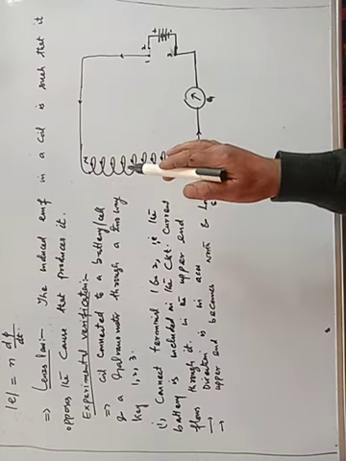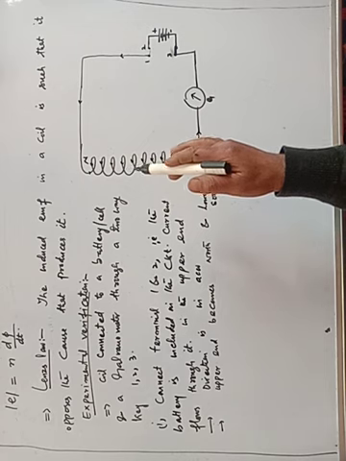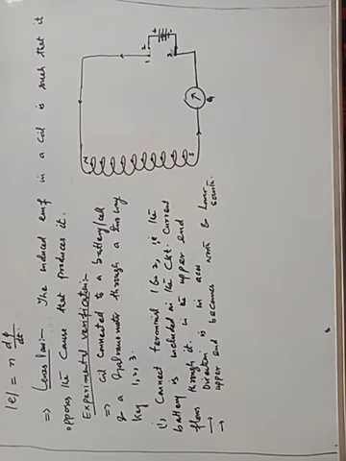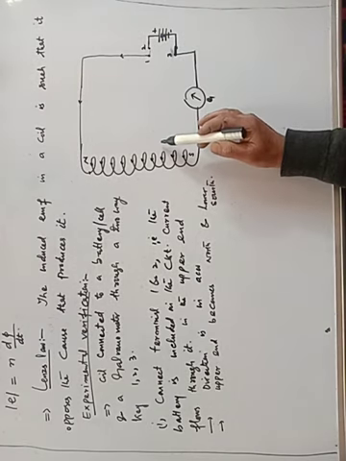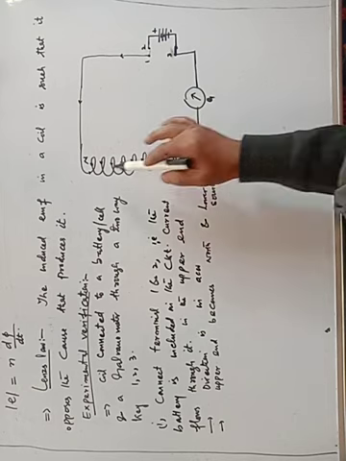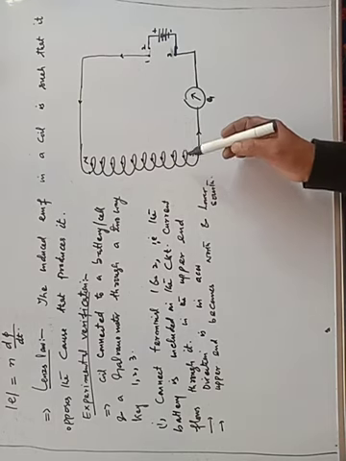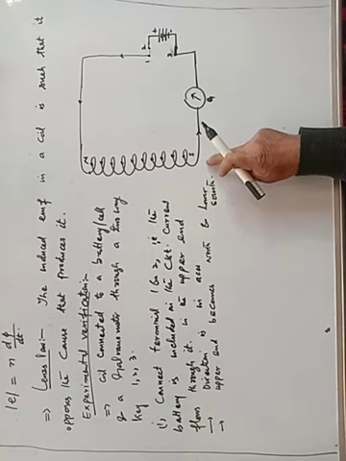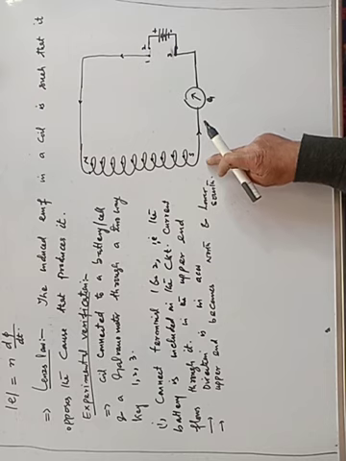One end attains north polarity and another end attains south polarity. Outside the solenoid, field is almost zero, but maximum and uniform field is inside. So this will become a magnet. Upper end attains north polarity and the lower end attains south polarity, right?